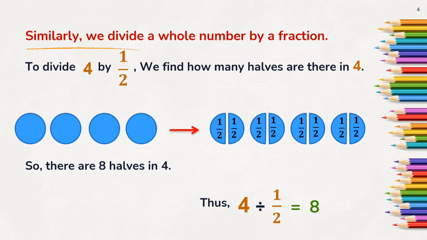So 4 divided by half becomes 8 halves. Here we can also say 4 whole divided by half will be 8 halves. The same way 4 whole into 2 will be 8 halves.